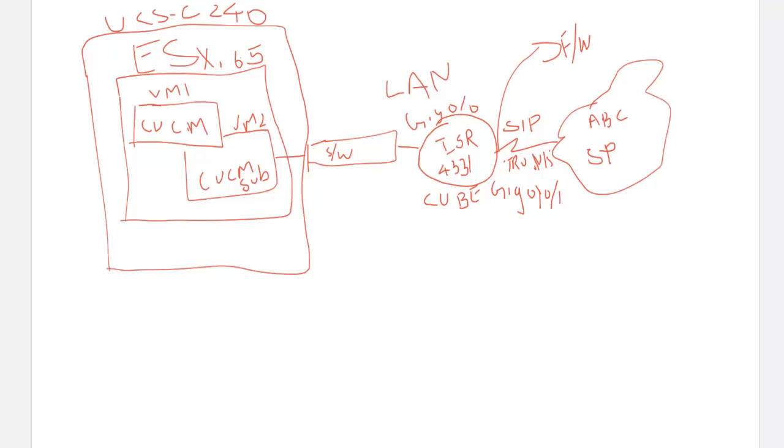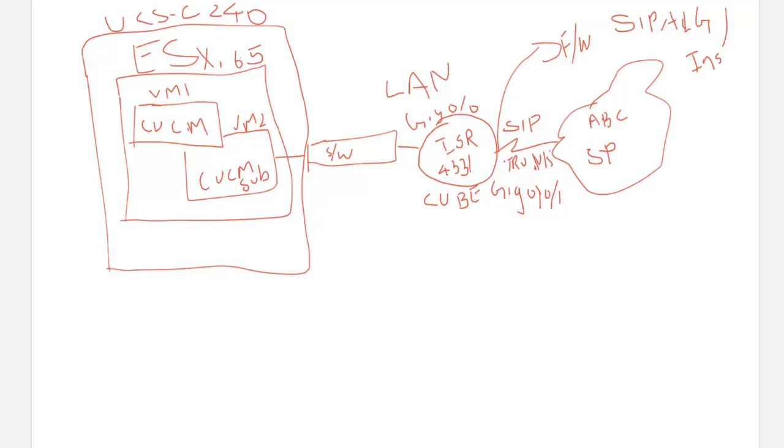What is very important is, if you have a firewall, make sure you check if there is any SIP ALG or SIP inspection configuration on these firewalls, because these are the things that would cause you some problems like one-way audio, no audio, call forwarding issues, and everything. So make sure you check these things on the firewall.